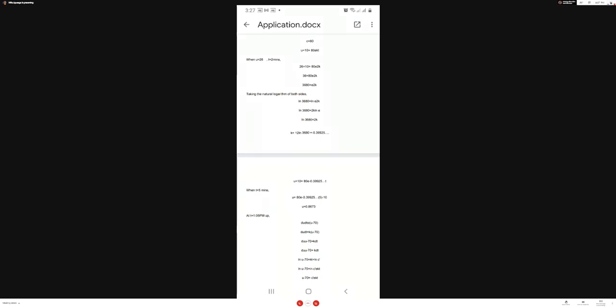Natural logarithm mo, so you have natural logarithm of 36 over 80 is equals to 2K or simply equivalent to natural logarithm of 36 over 80 divided by 2. Or simply equivalent to anong value? Yung K mo is equivalent to negative 0.39925.